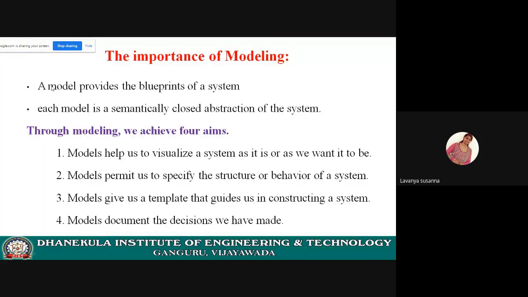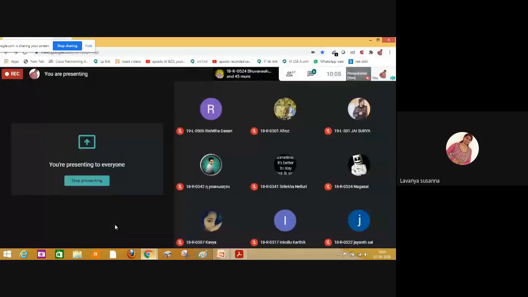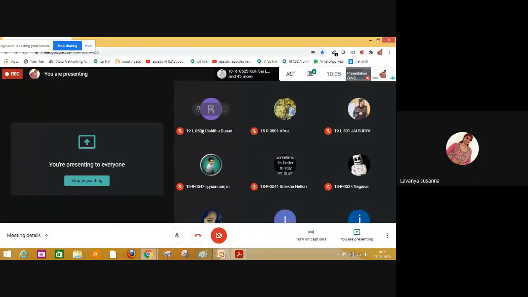See here, you already know what is a model, right? Can anyone explain to me what is a model? Anyone please answer my question. Already I have discussed it in the first unit, right? Students have already completed first unit and second unit.